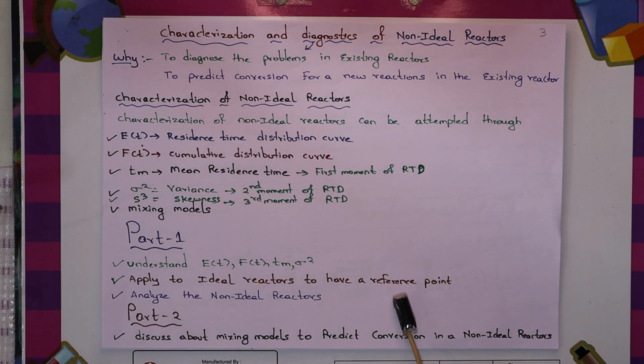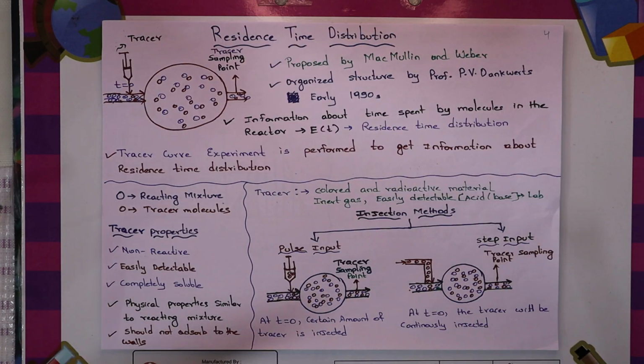Using that reference point, we can compare the non-ideal reactors. In part 2, we are going to discuss the mixing models, which come later in the story. Don't worry. Right now, let us get the characterization of non-ideal reactors using RTD experiments.